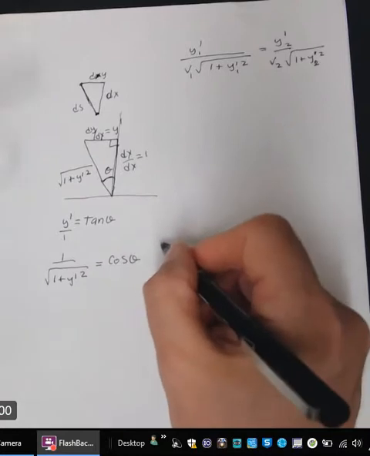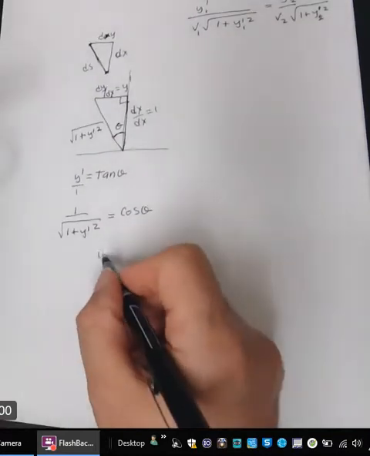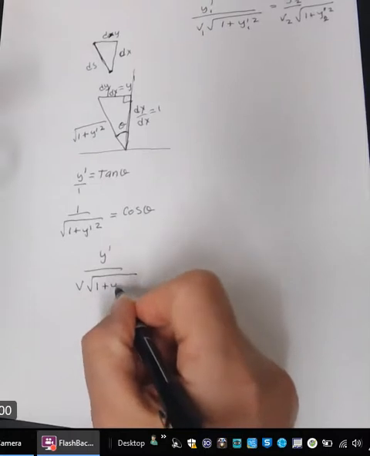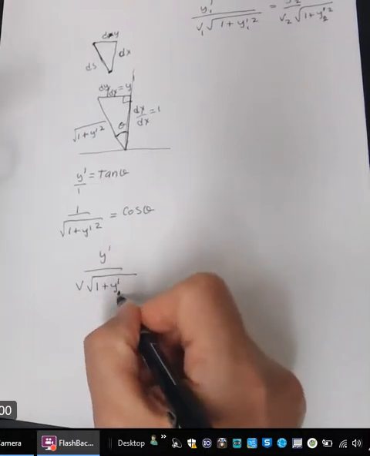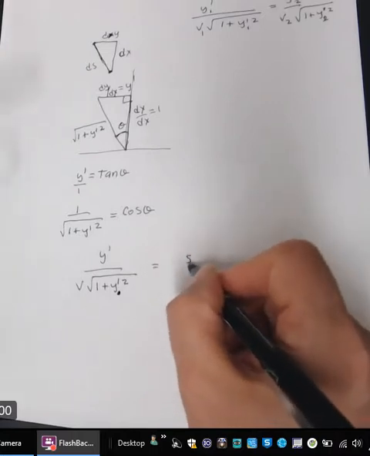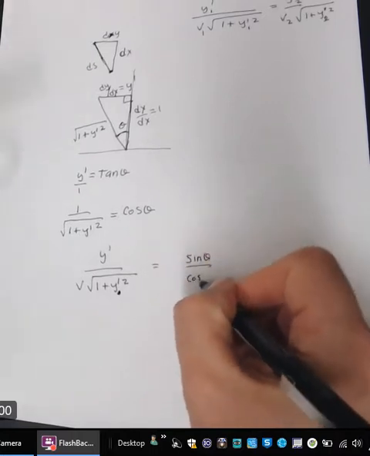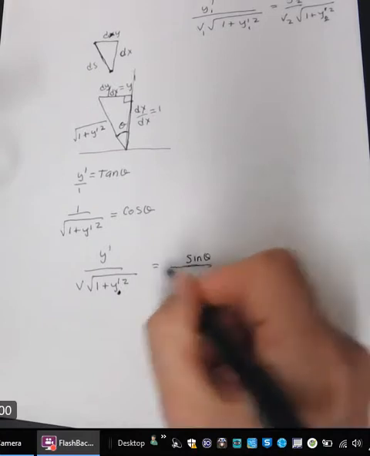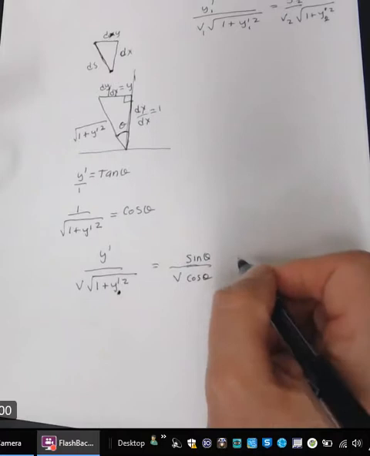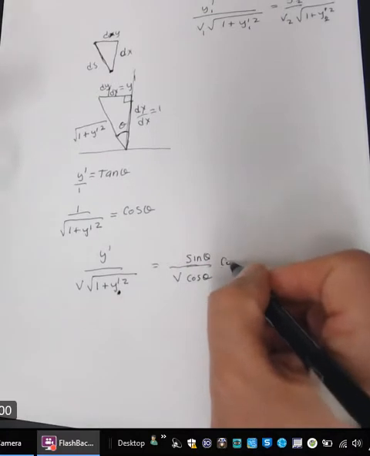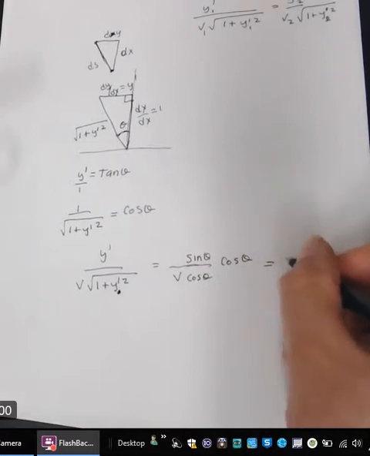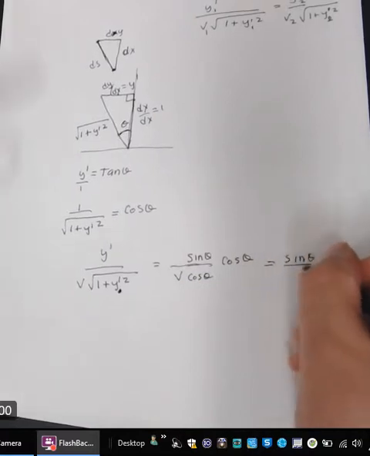So y prime over v square root of 1 plus y prime squared is equal to tangent of theta, sine theta over cosine theta, with the v down here. And then 1 over the square root of 1 plus y prime squared is cosine theta. So we get that's equal to sine theta over v.